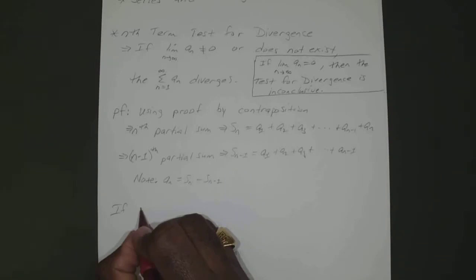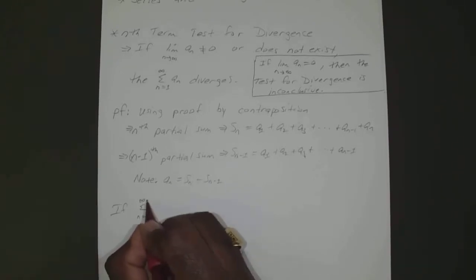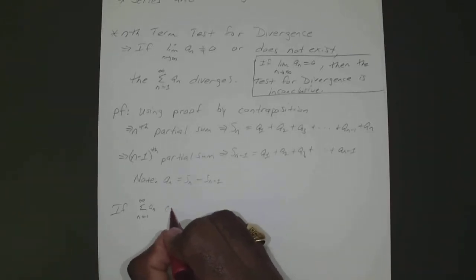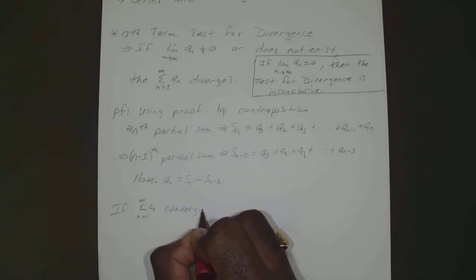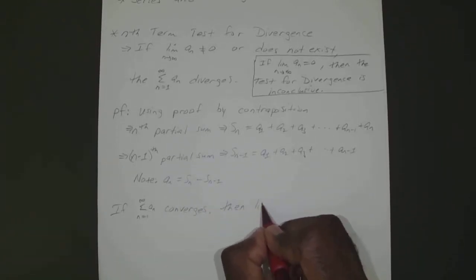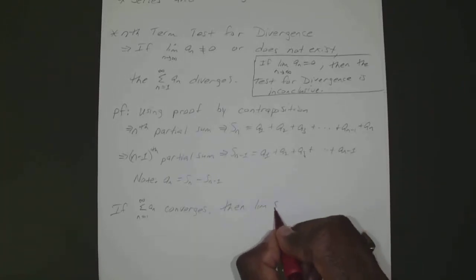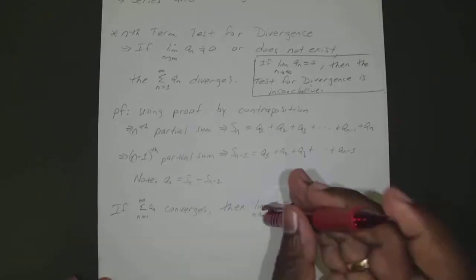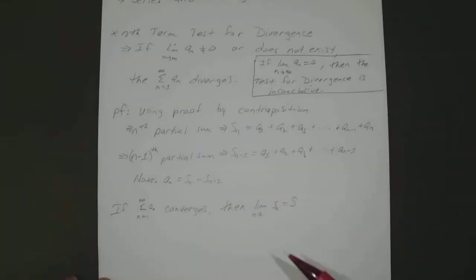So that means if your sum from n equals 1 to infinity of a sub n converges, then the limit of S sub n will have to equal some value S as n approaches infinity.